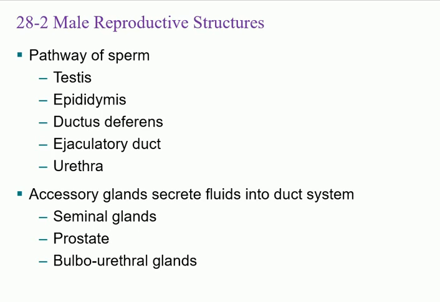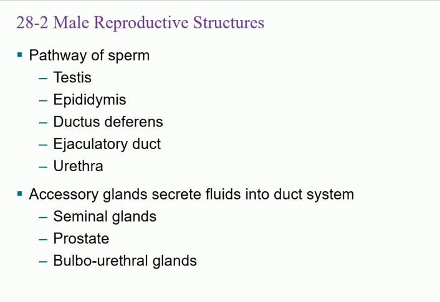Okay, for males, we start in the testes. Do you remember these? Testes, which part of the testes produces the sperms? Start with S. Seminiferous tubules, yes, in the testes. And then it moves to the epididymis and stays a little bit.